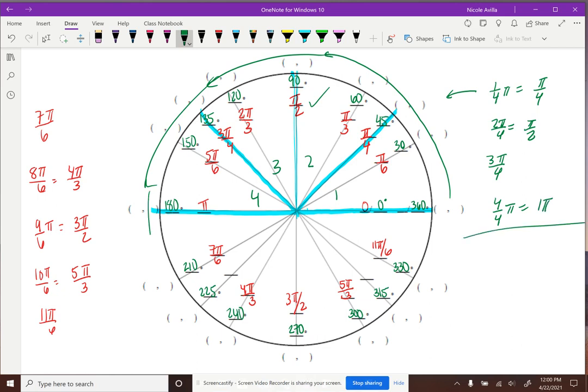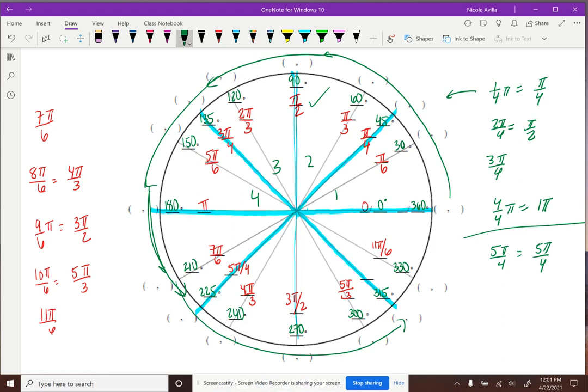Now, if I keep going into these lower quadrants, again, I'm looking at it in sections of 45 degrees, not 30 anymore. So at this point, by the time I get down here to 225, I'd say I have 5 slices out of 4. So 5 pi over 4. And I'm going to jump all the way to 315.